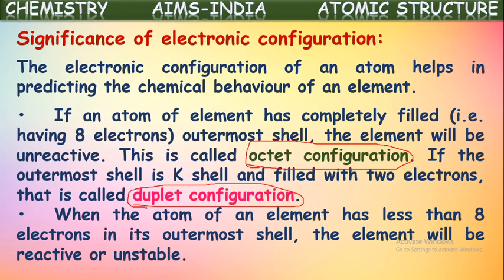They do not participate in chemical bonds. They do not participate in combining. The other elements which do not have 8 electrons in their outermost shell, meaning the elements with less than 8 electrons in the outermost shell, will be more reactive. They will be highly unstable. Okay, these elements will participate in bond formation.